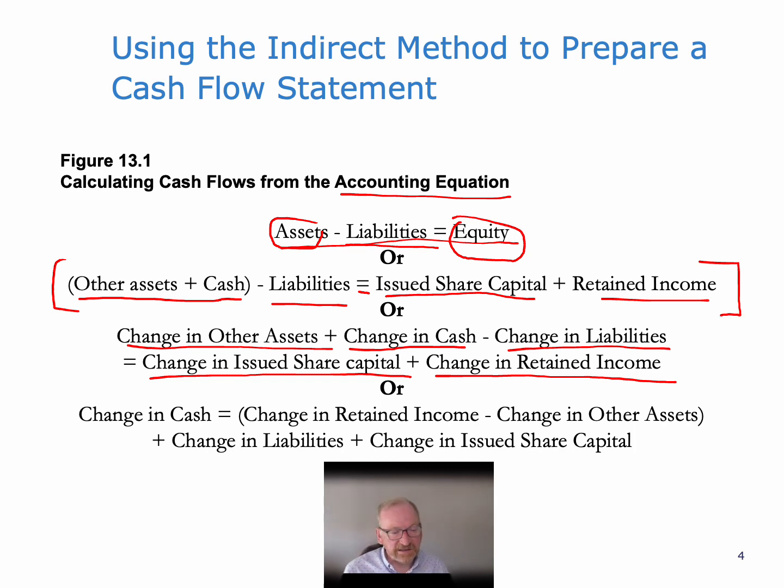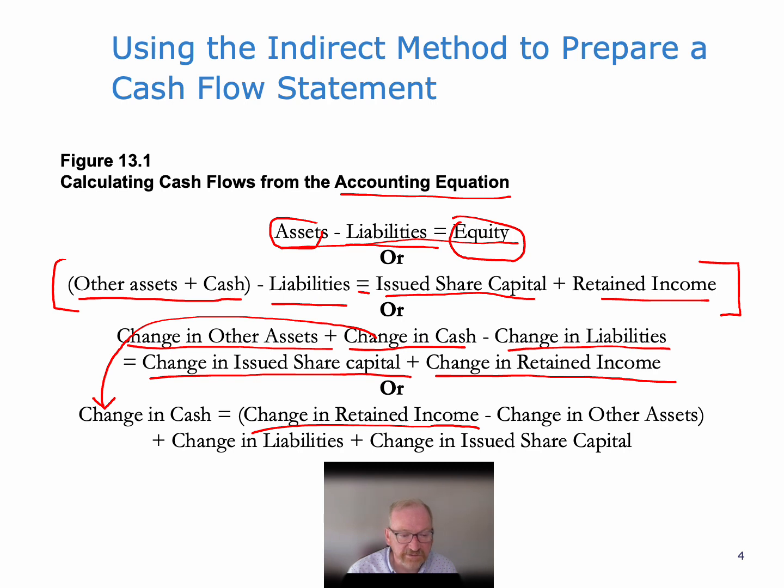And then we just reorganize. We bring the change in cash to one side and we put everything else in the equation on the other side. Now remember, things may change sign when they move across the equal sign. So the change in retained income stays the same because it's on the other side already.